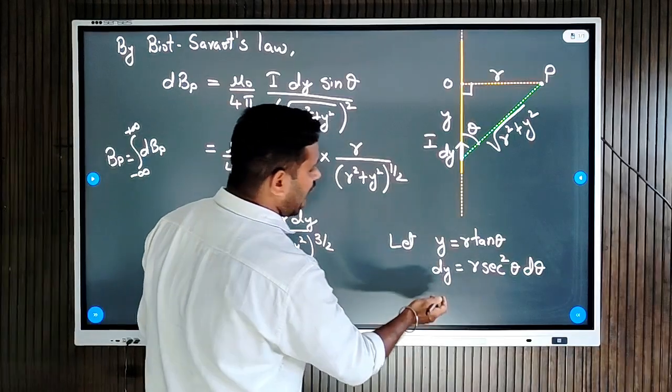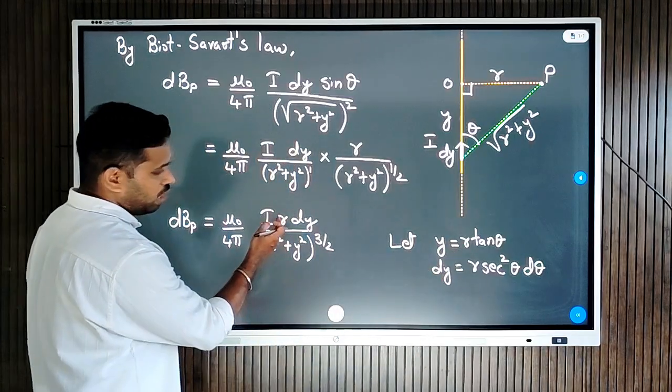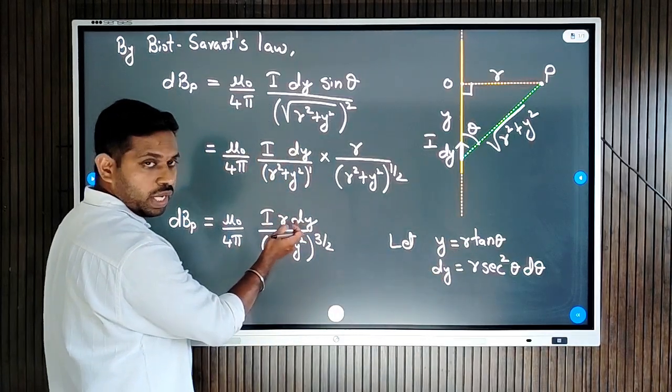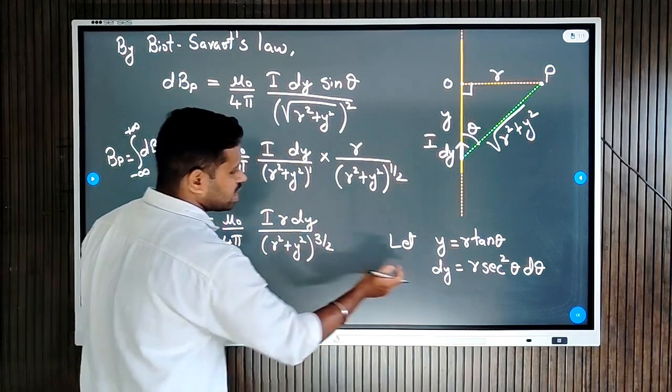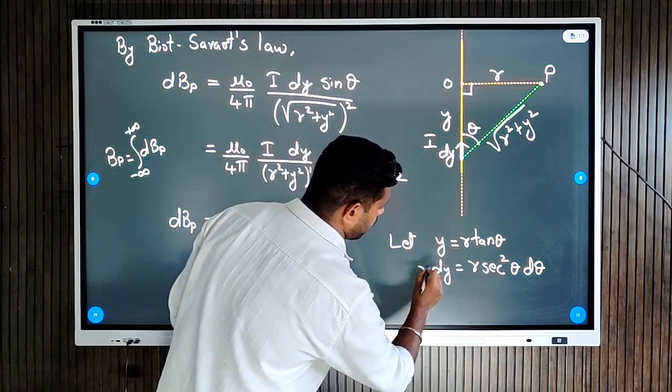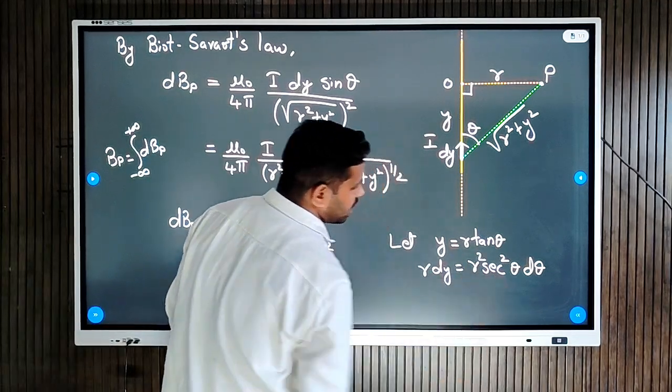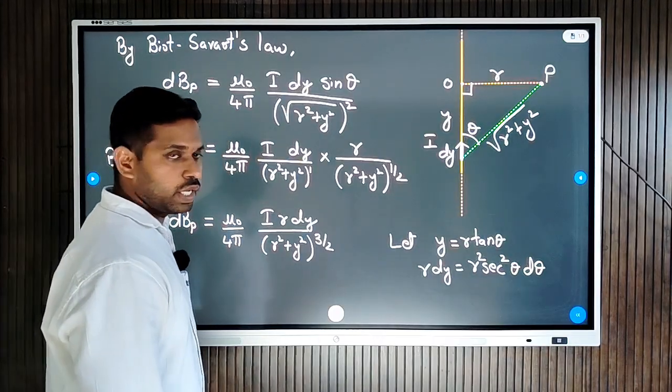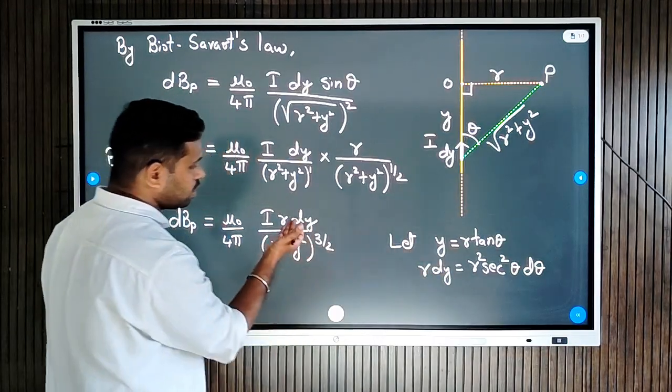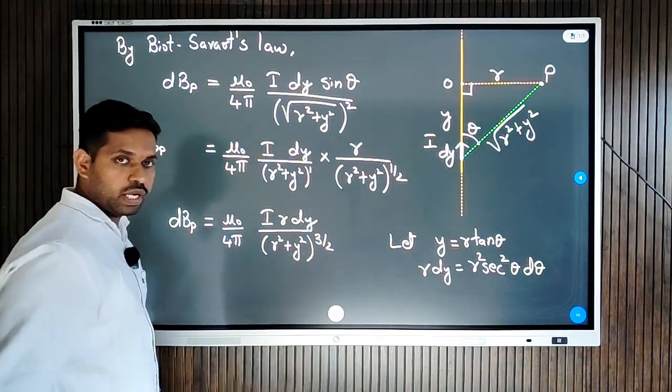Now I want r dy here, so I multiply by r, and this becomes r squared sec squared theta d theta. Now I can plug that in place of r dy.